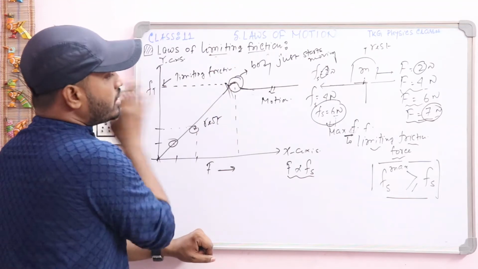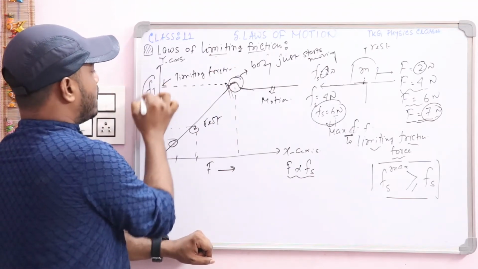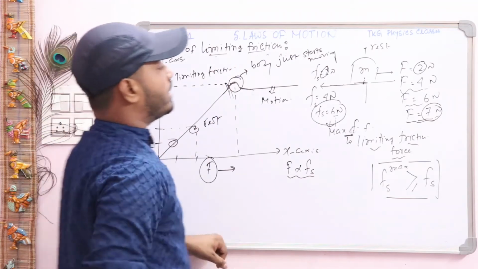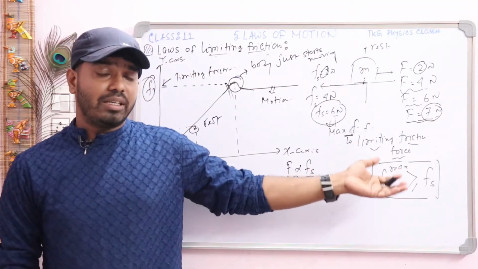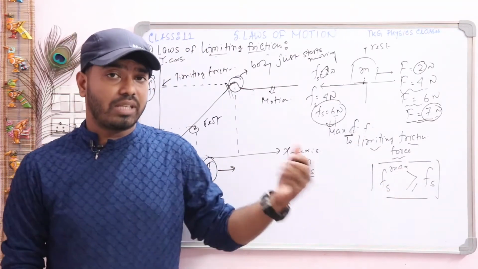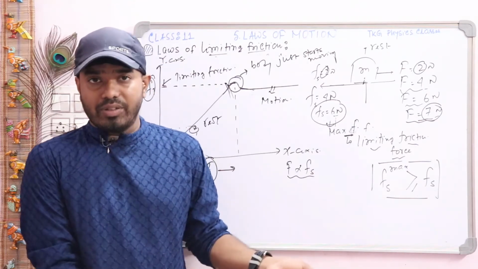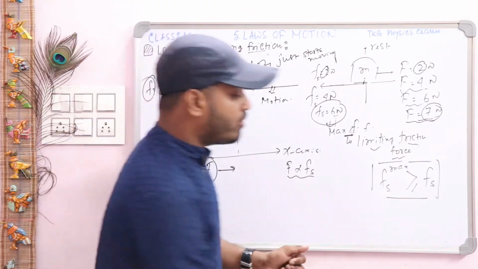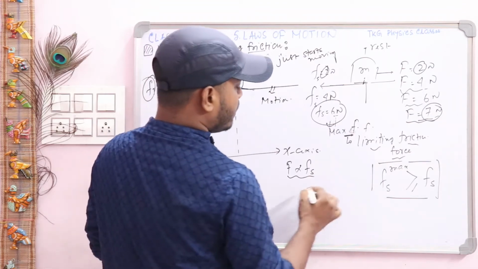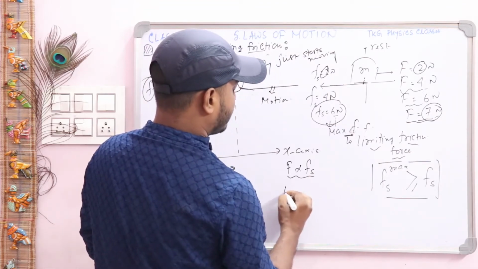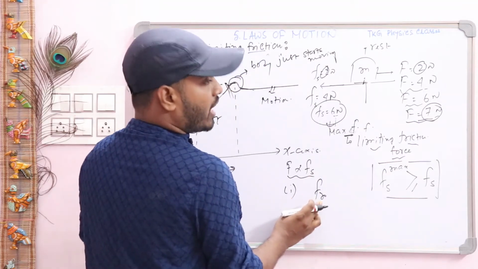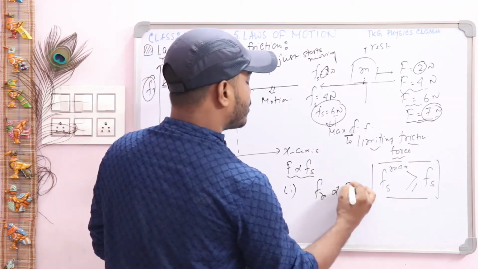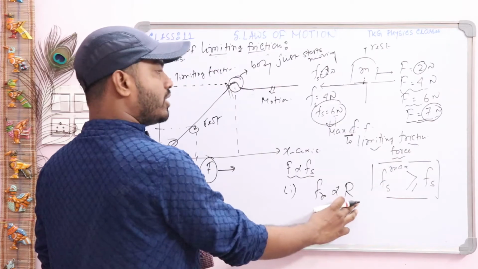So this is the diagram between F and capital F, and this diagram is very important, students. In the case of kinetic frictional force, there is sliding friction as well as rolling friction, and the law of rolling friction states the following. First point, rolling friction, represented as Fr, R for rolling, is directly proportional to R, that is the normal reaction force.